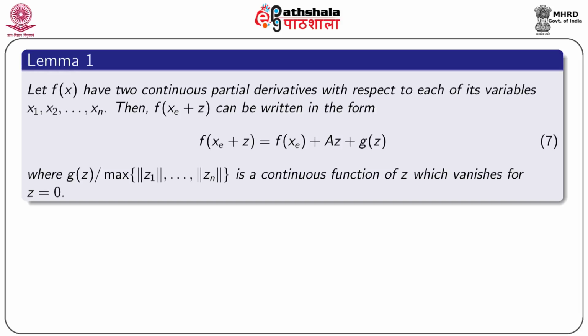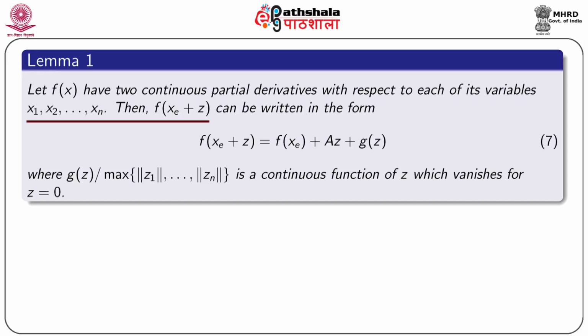We have just learned about the stability of the equilibrium point of a generalized nonlinear system. We will now look into an important lemma which will give us an algorithm to find the stability of the equilibrium point. Let f(x) have two continuous partial derivatives with respect to each of its variables x1, x2, ..., xn.